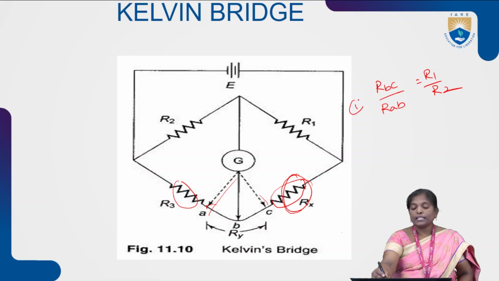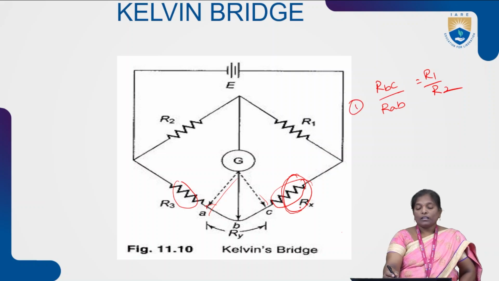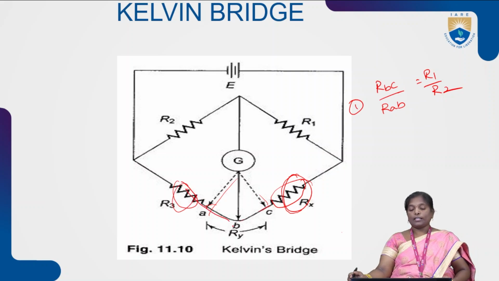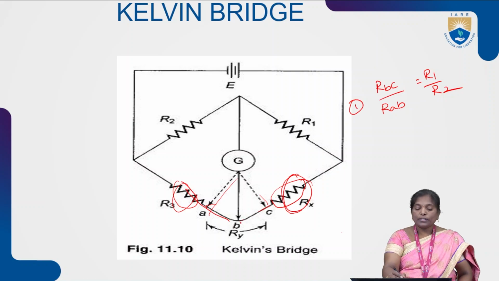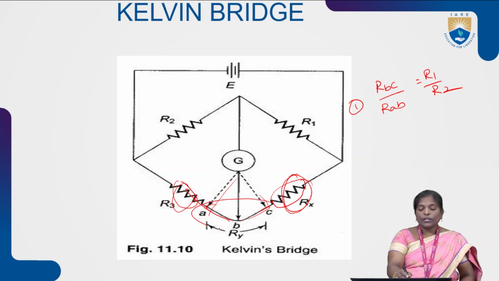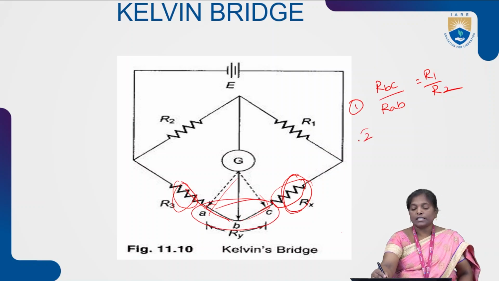In the first case, assume that instead of Rx we have the resistance RBC, and similarly instead of R3 we have the resistance RAB, so that RBC by RAB equals R1 by R2. Another condition using these resistances is RAB plus RBC equals Ry.